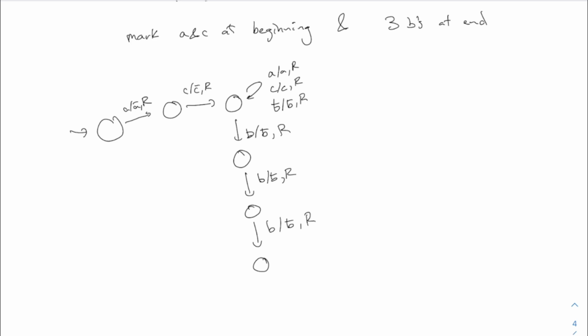The rest of the diagram will look the same as in the previous example. So from here, I'm going to move back to the left all the way until, well, we'll think about how far back do you want to go, but I have to go back through B bars, marked off B's, and also through unmarked A's and unmarked C's.